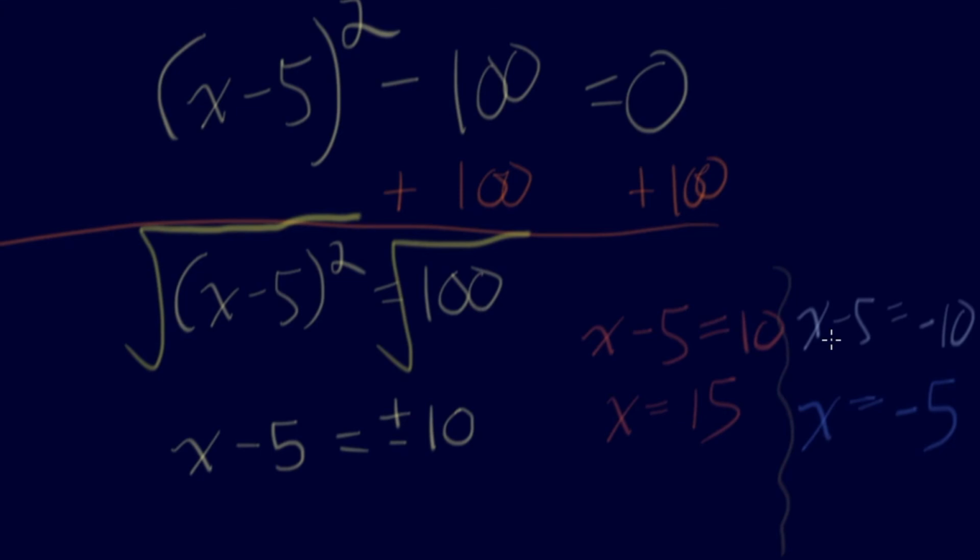Now, being good students, you're going to go and put those into this equation and check your answers. So let's go and check. So remember, our equation was x minus 5 all squared, minus 100 equals 0.